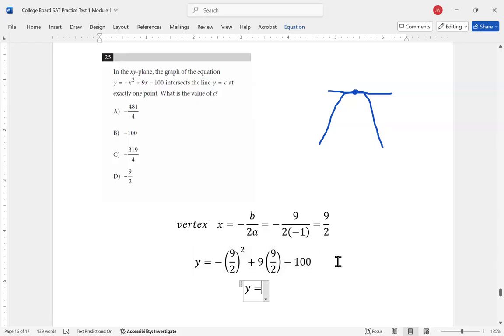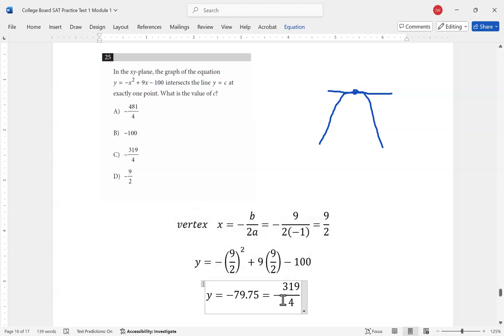But negative the quantity 9/2 squared plus 9 times 9 over 2 minus 100 as a decimal gives me negative 79.75. Obviously, these are all written in fraction form as improper fractions. So if you convert that to an improper fraction, you'd get negative 319 divided by 4.